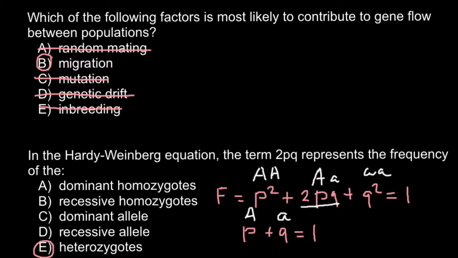So as you see, there are 3 genotypes: homozygous dominant, heterozygous, and homozygous recessive. These 3 genotypes consist of just 2 alleles. One is dominant, another one recessive. So A in this formula is represented by p, and small a is represented by q.